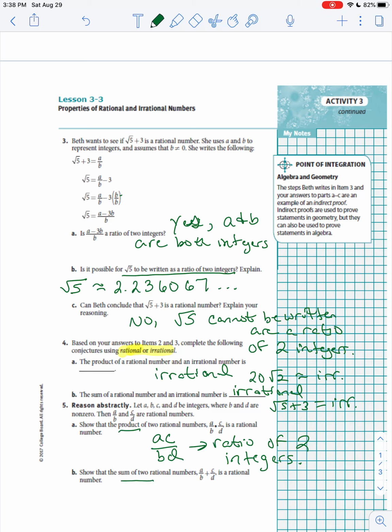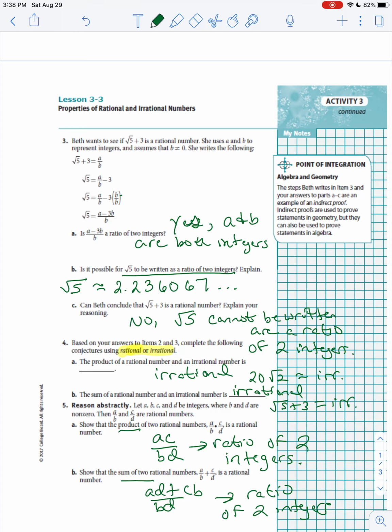The sum of two rational integers, doing the add is a little bit more complicated because we do need to make a common denominator. So the common denominator, of course, would be BD. And so if we multiply B times D, we also have to multiply A times D. And if we multiply D times B, we have to also multiply C times B. And again, we also get a ratio of two integers.